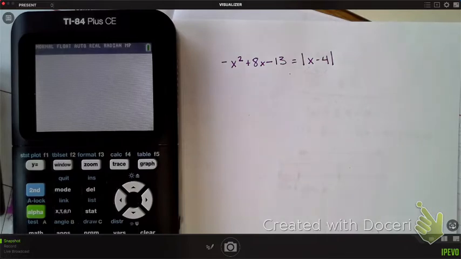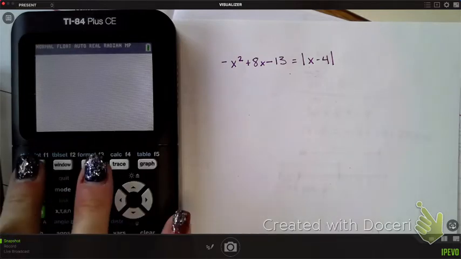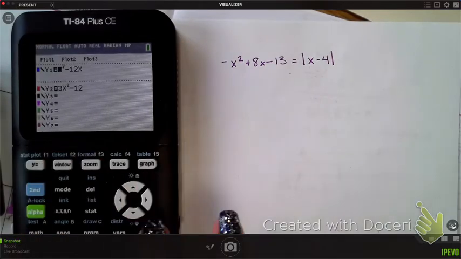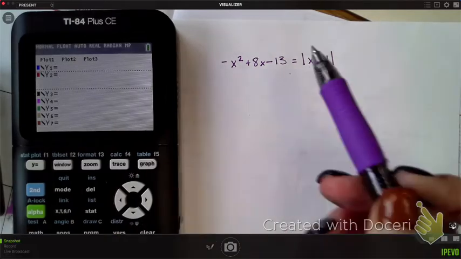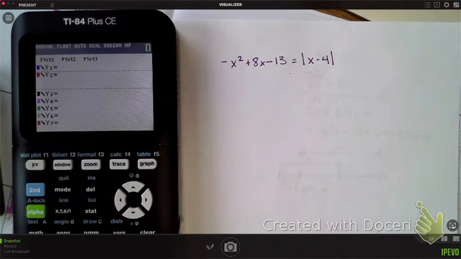So that means where their graphs intersect, yes? Or their y values are equal. So how I do this is anytime I want to deal with an equation, the only place I have to do that is y equals. So you need to go to y equals, and you need to put the left in y1 and the right in y2, or it doesn't matter. One side in one and one side in the other.